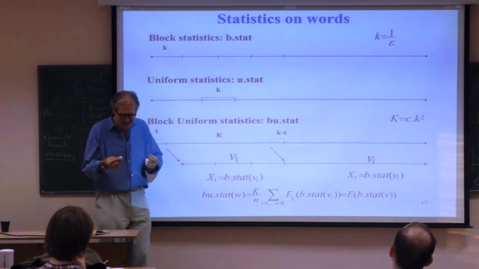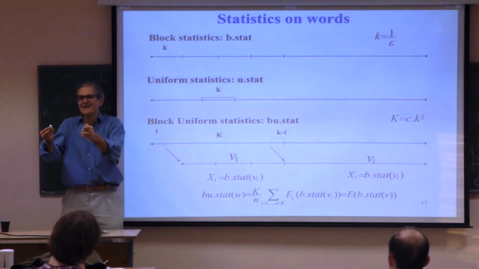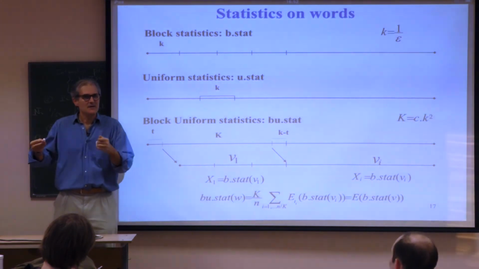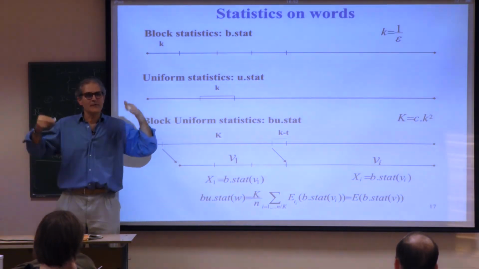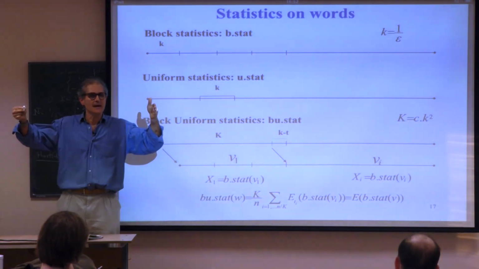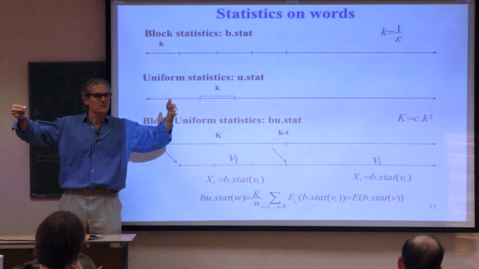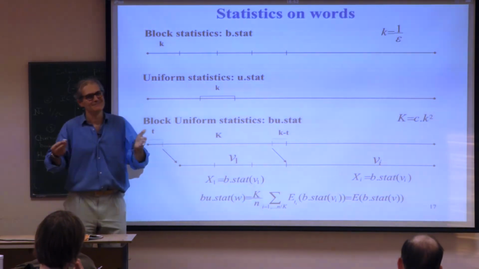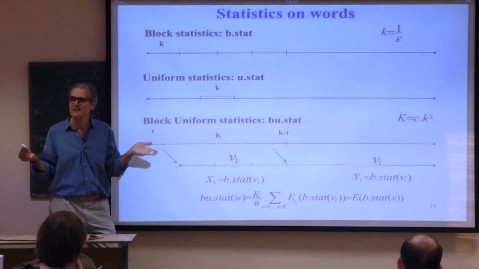Okay, because what is a U stat? It is actually a B stat which is randomly shifted. If you think of a random position, you could always say that a random position, uniformly, is a random block plus a random shift in the block. That's actually a fair thing.